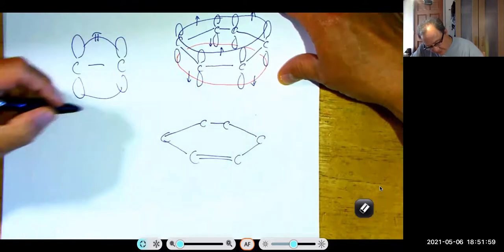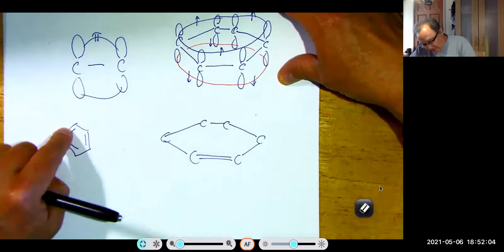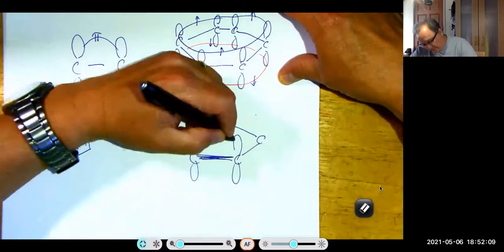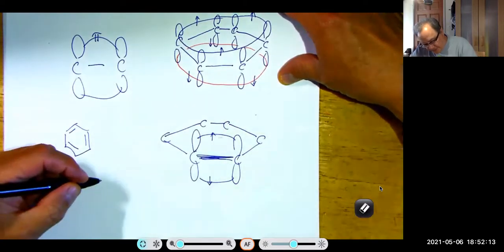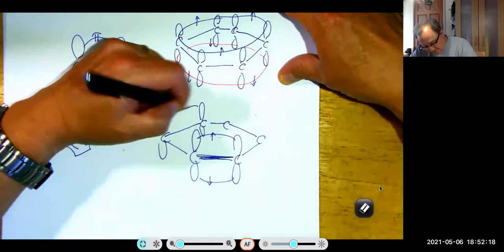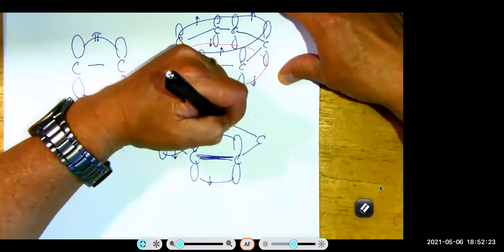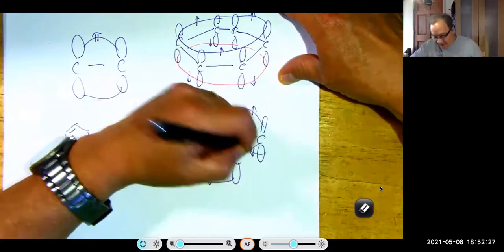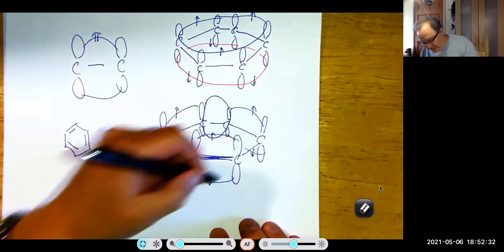If you think of the double bonding as being more like this, where that's a double bond, double bond, double bond, then you might have this, and here's 2 electrons, and you have this, and here's 2 electrons, and then you have this, and here's 2 electrons.